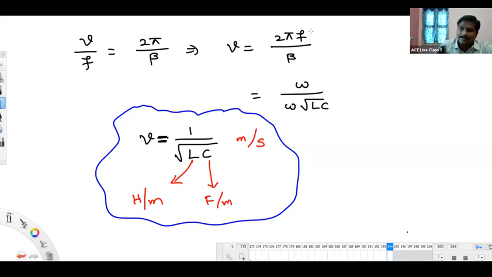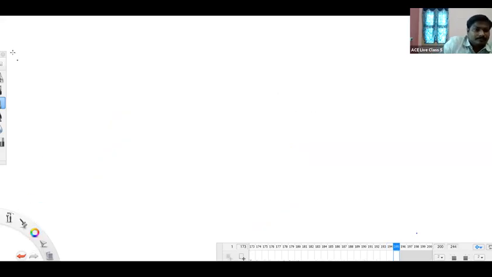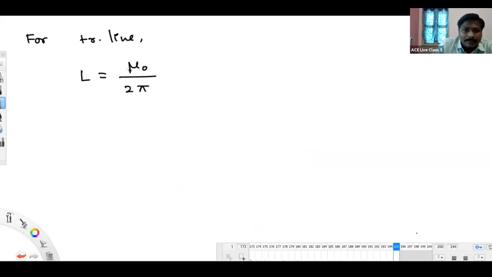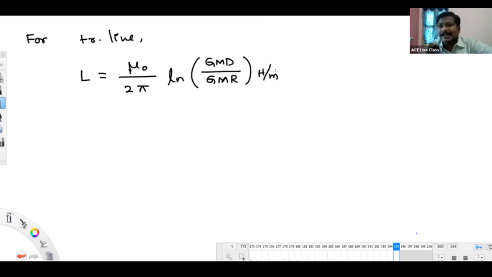We will substitute those in this velocity equation and reduce it to a simpler form. For a transmission line wire, inductance per meter, look at the formula I'm writing: mu naught by 2 pi natural logarithm GMD by GMR, in terms of Henry per kilometer.